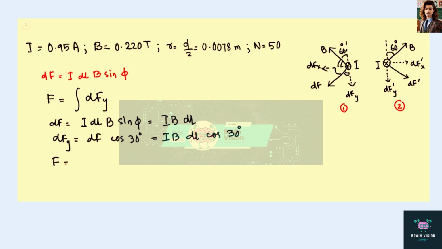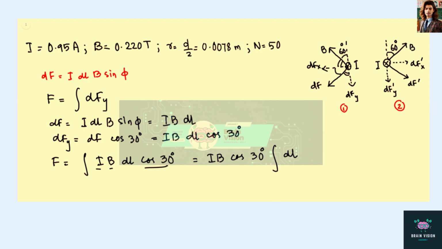So the total force, which is the integration over this value, is equal to the integral of I B dL cos 30 degrees. I can see that current, magnetic field, and cos 30 degrees are basically constants. So we can take them out of the integral, and we are left with the integral over dL, and dL is the total length of the wire in the coil.